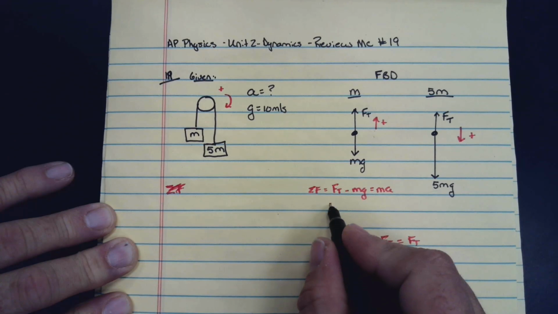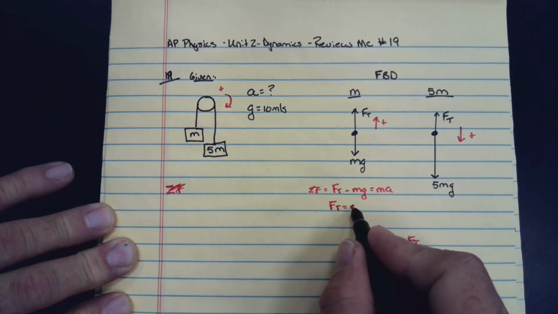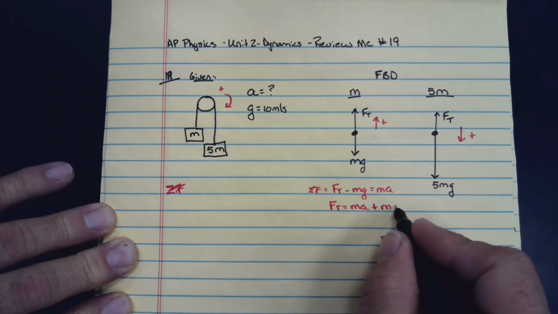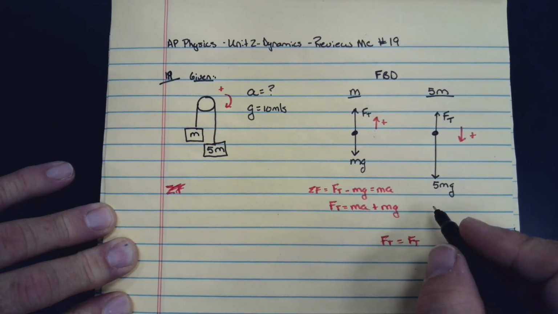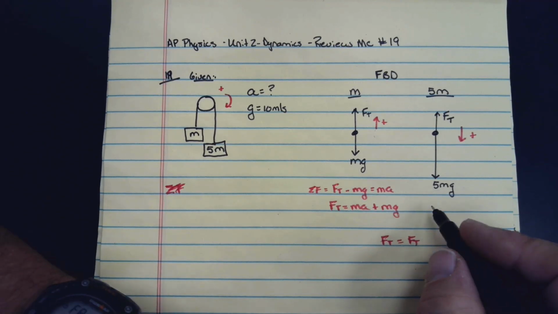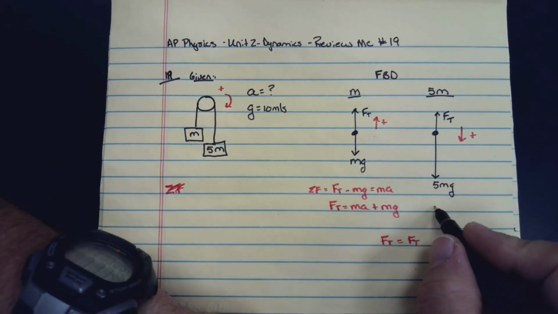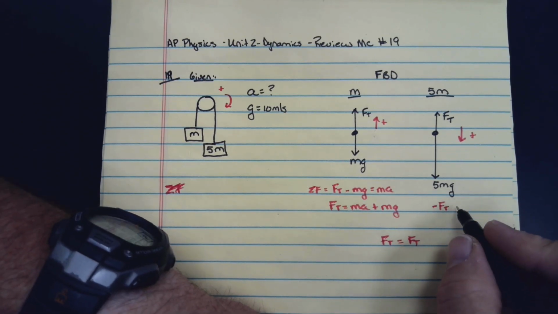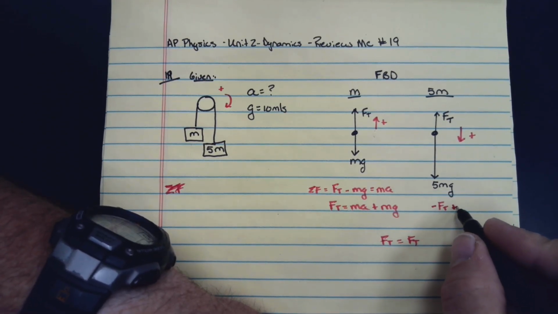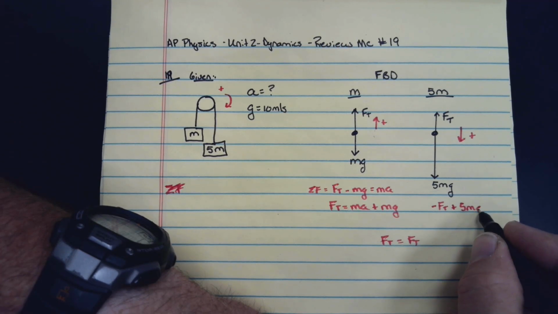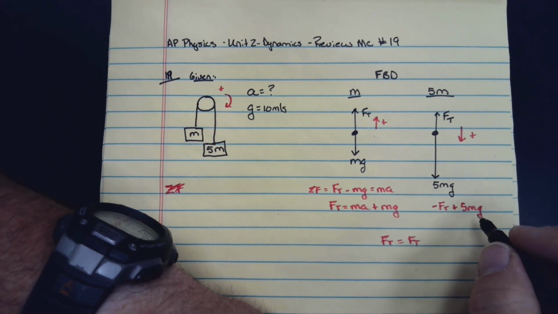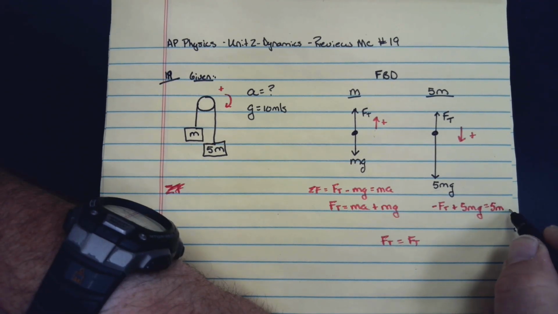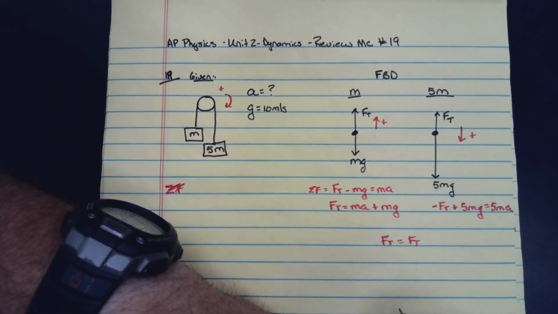So I'm going to solve this one for tension. Then the sum of the forces for the other one would be a negative Ft, and in this case it's 5 mass gravity, and the acceleration is also 5 mass acceleration.